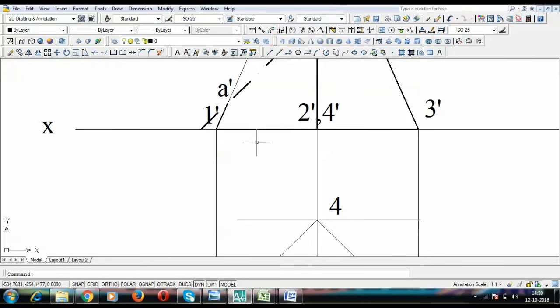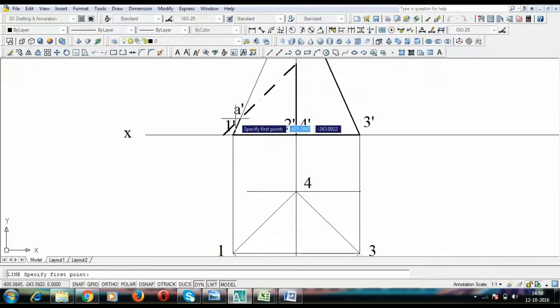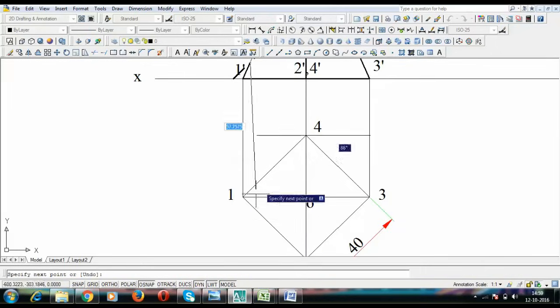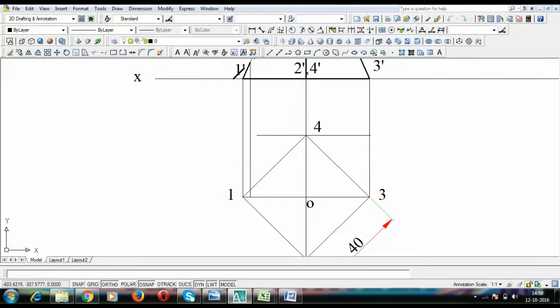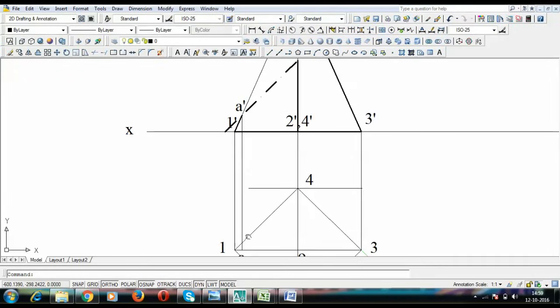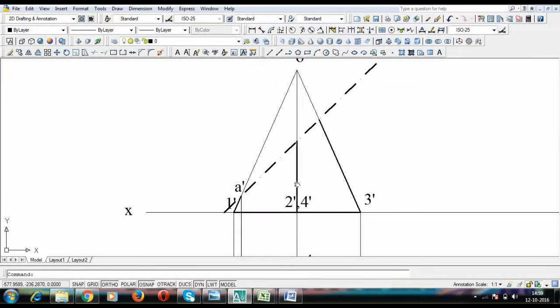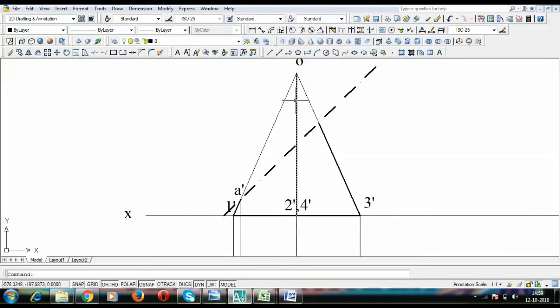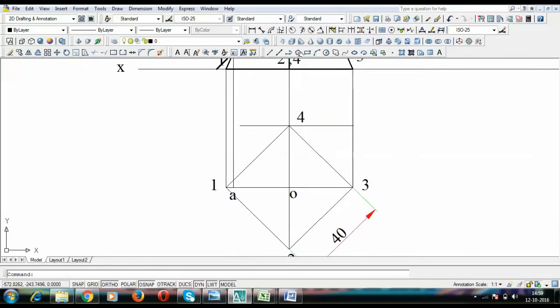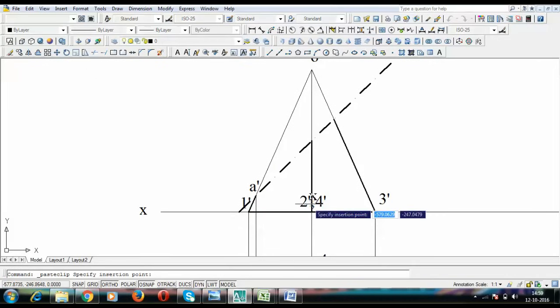Its corresponding top view is going to be somewhere here. So I'm going to write A over here. Then we have this. It may appear as if there is only one slant edge over here, but in reality there are two slant edges. One is O2 and behind O2 there is O4. So we're going to have 2 points.